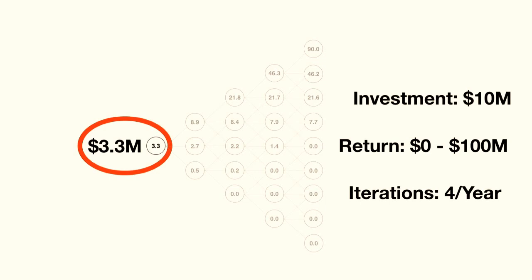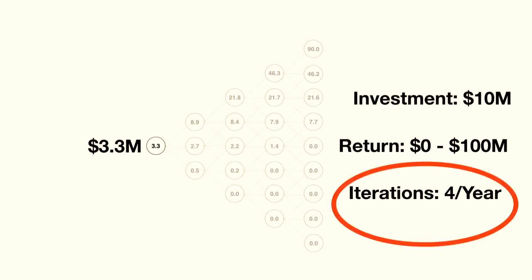Now, that doesn't come for free, the 4 iterations over the course of a year. So you actually have to propose the budget that says, okay, if we need to find out what this answer is, we're going to need some money to do so. So we'll say, over the course of the year, we're going to spend $1 million. Consider this your seed investment.